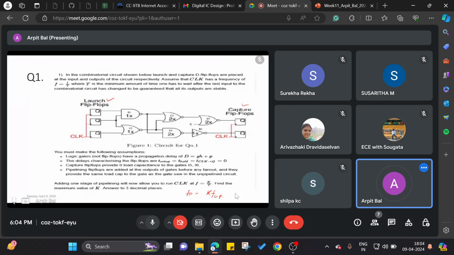So can someone tell me, to calculate the f, what do we need to do? Any idea?